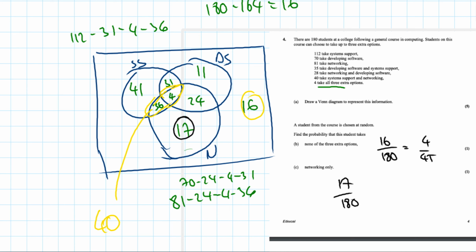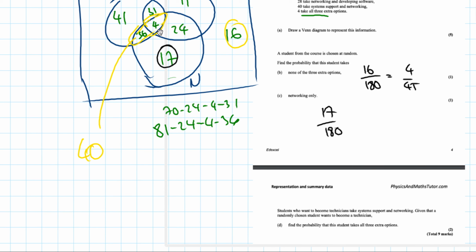So 40 students, and you want to find the probability, because you're only looking at those students. How many are doing all 3 options? So 4 out of the 40 are. So that means that 1 in 10 altogether are, and that's the probability.